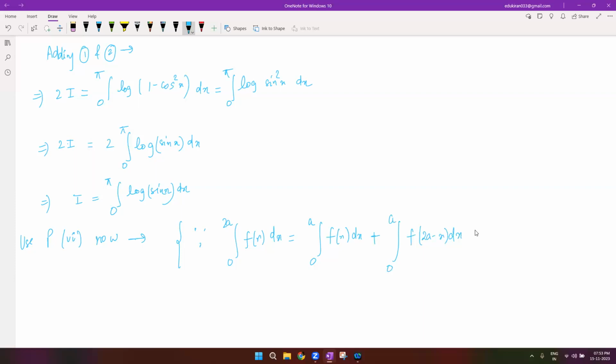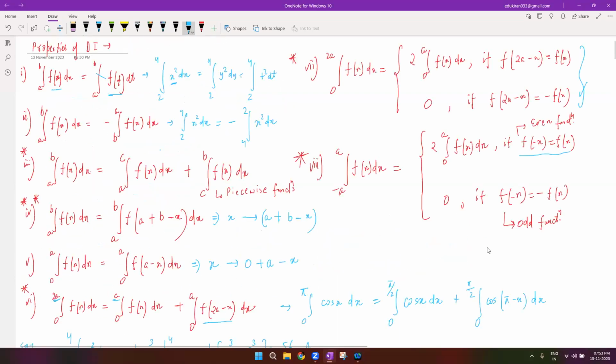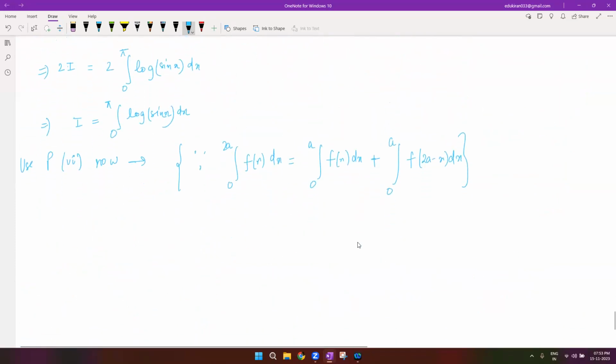You can also simply check the property in this section only. Yes, this is the sixth property. Now, this seventh property is the extension of sixth only. So we don't have to remember the seventh property. Rather, we can only remember sixth and use it accordingly.